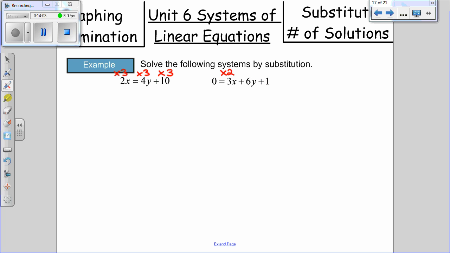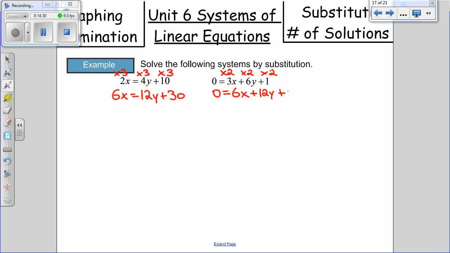And you can multiply that 0 by 2 as well, but 0 times 2 is still 0, so I'm not even going to write it down. That gives me 6x equals 12y plus 30. This one is 0 equals 6x plus 12y plus 2.